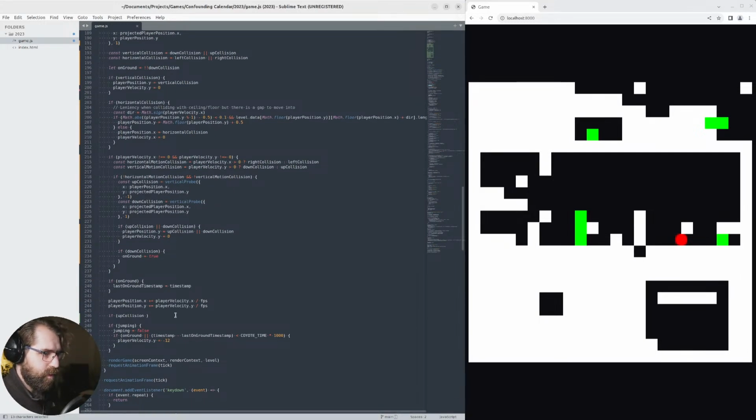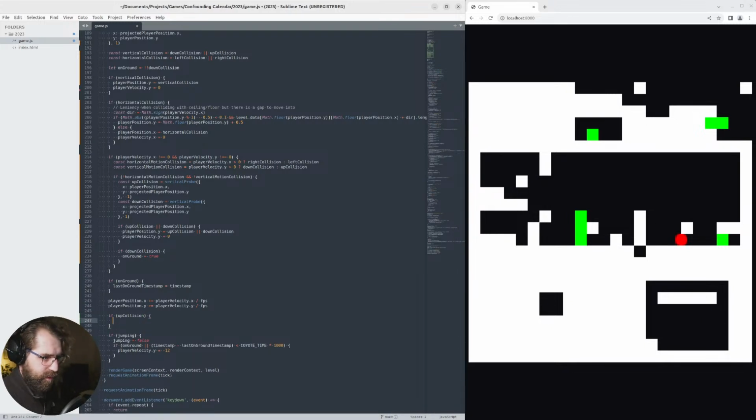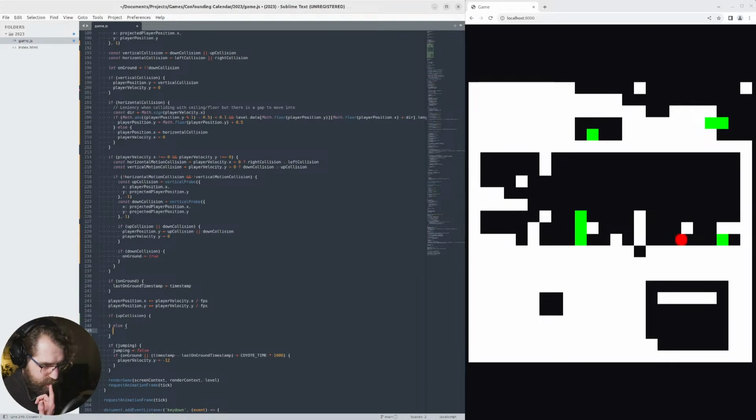So if there is no up collision, then we're just going to do the jump, right? Which is just going to be if jump timestamp minus timestamp is less than anti-coyote time, then we don't need to do that.